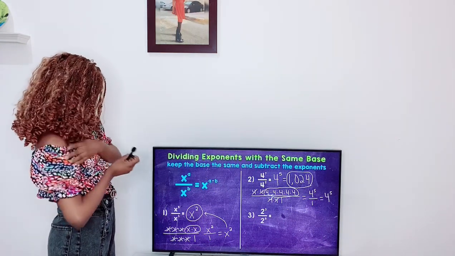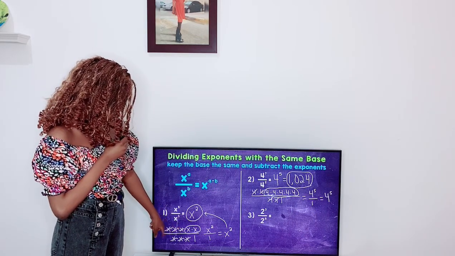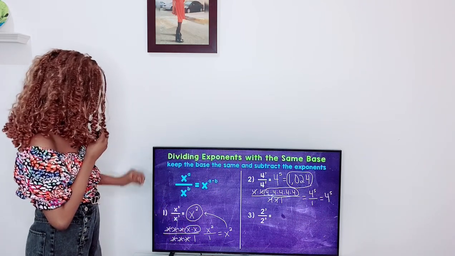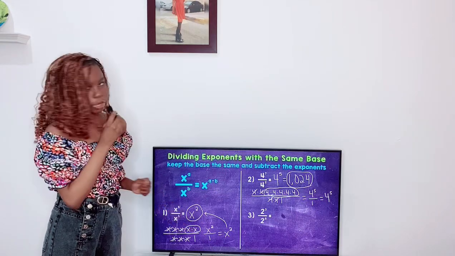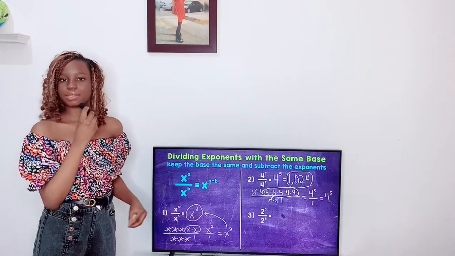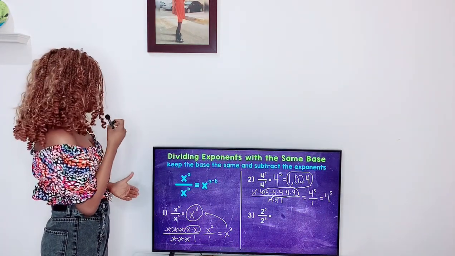But yeah, these x's will cancel each other. This will cancel, this will cancel. So now we don't have any more x's below, so basically we write 1, which is basically x divided by x, right? So that's 1, right? X divided by x is 1.